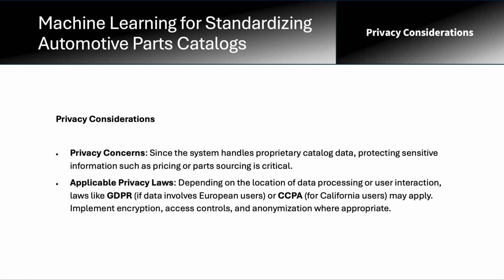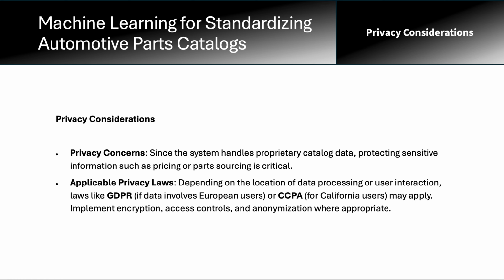A couple of privacy considerations that we have here: since the system handles proprietary catalog data, protecting sensitive information such as pricing or part sourcing is critical. So we want to make sure that we can mask a lot of our sources, especially if it should not be given out to the public.